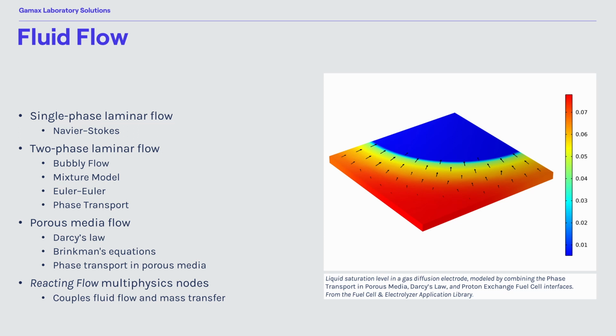And then you can also couple to porous media flow, when the flow goes through some porous media, and you can use any of the equations, either Darcy's law or Brinkman's equations. And of course, since there is a flow calculation, we can couple that to the chemical reaction part. So we can create a reacting flow multiphysics node there, and it's also possible to do that.